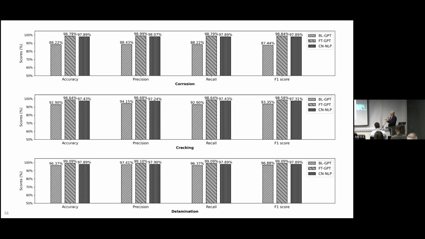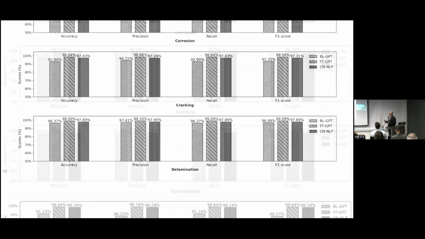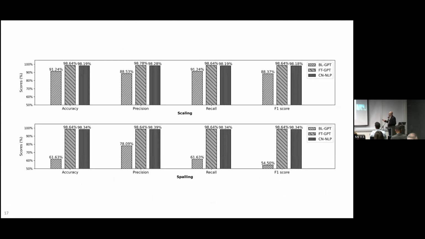But again, the performance of the fine-tuned model and the conventional natural language processing one was close to each other. In some instances, like in detecting spalling, for example, there was a significant difference between the performance of the baseline generative pre-trained transformer and the fine-tuned model.